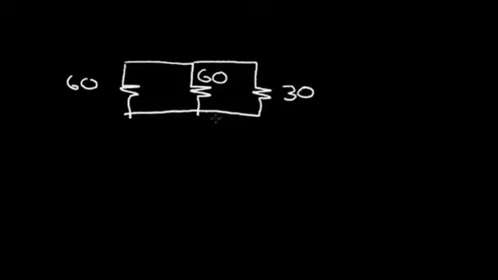Before we came up with an equation for the equivalent parallel resistor when we had two resistors, but now we have three resistors. So what do we do? Well, let's replace the 60 ohm resistors with an equivalent parallel resistor.